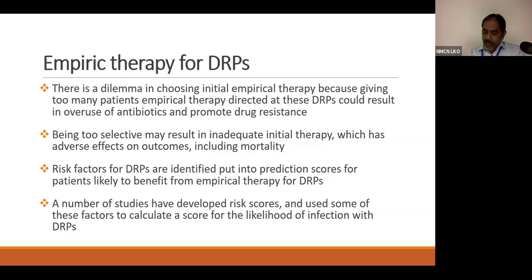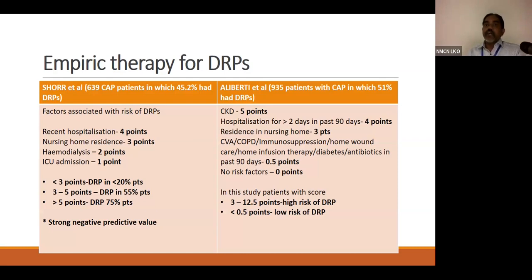So some people have published a lot of literature for predicting presence of DRPs in community acquired pneumonia, in which two authors, Shorr et al. and Aliberti et al., proposed a scoring system to predict whether a patient has a risk factor for harboring drug resistant pathogens or not.